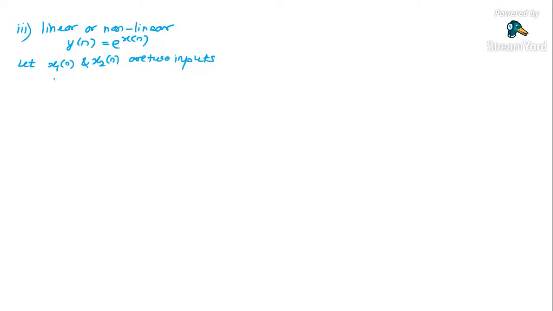Now for x1 of n, what is the output? y1 of n is equal to e raised to x1 of n. Now for x2 of n, what is the output? y2 of n is equal to e raised to x2 of n, correct?